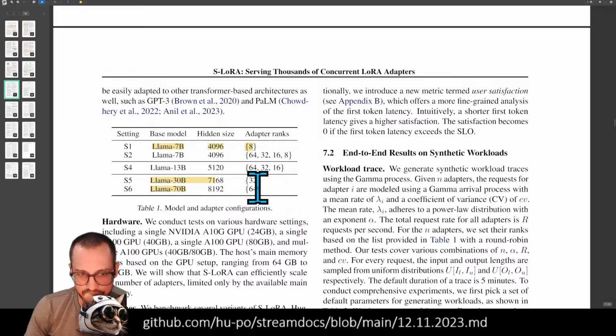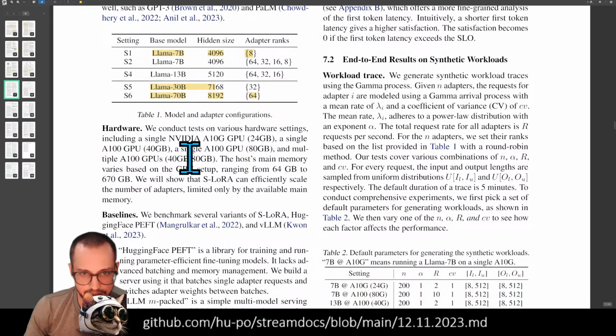For some of the bigger models, they choose bigger adapter ranks. Here you have an 8,000 hidden size and a 64 rank for the LoRAs, but 64 is still definitely smaller than 8,192.